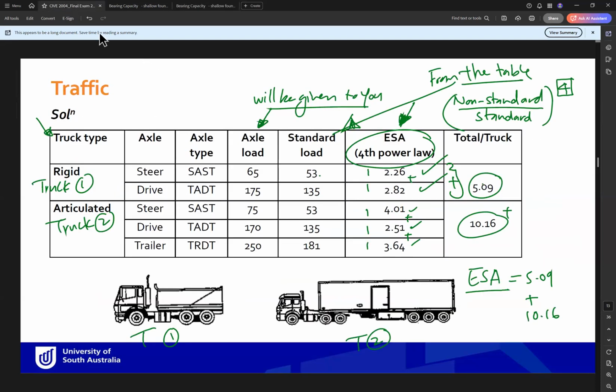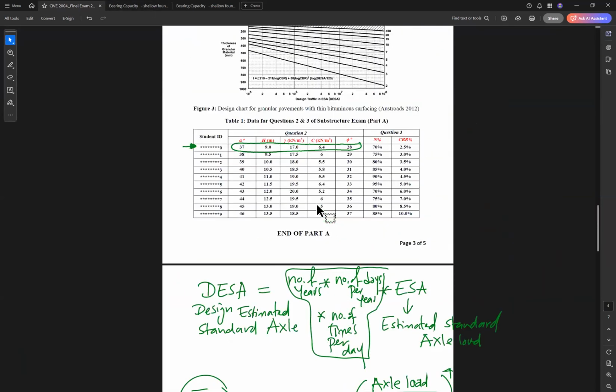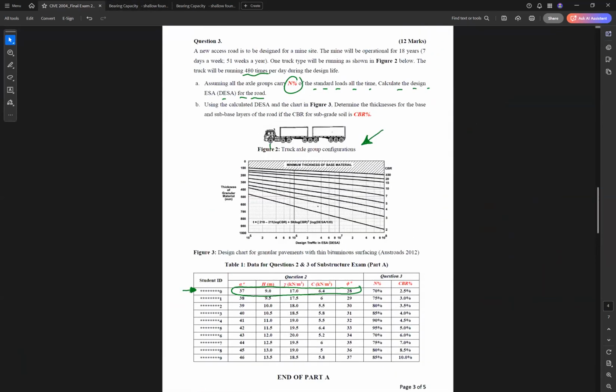So how many axles here in our example? 4. Is trailer always 3 at maximum? Yeah, 3 is the maximum.